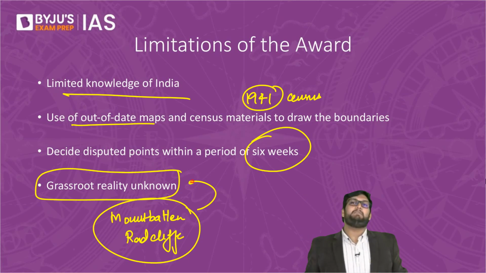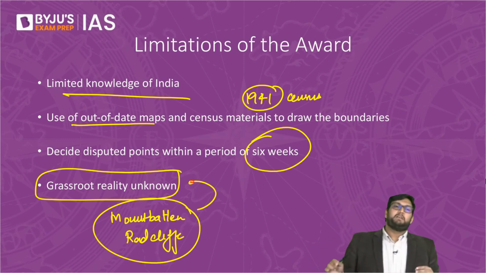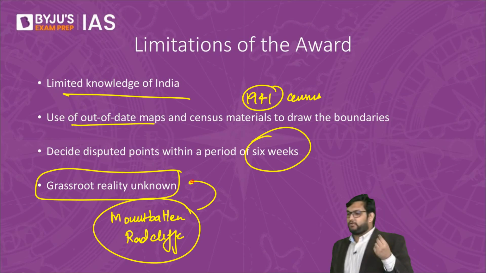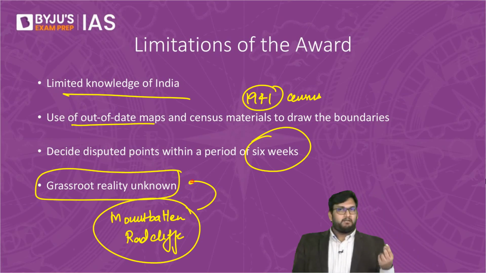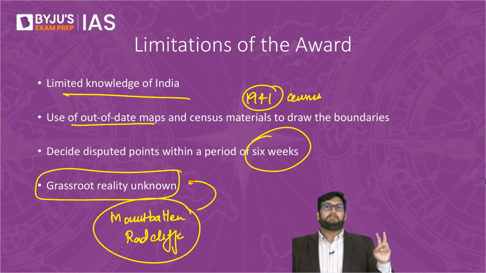They just randomly chose to do what they wanted to do. The simple point is that Radcliffe, Mountbatten, the British created a mess, and the single-handed reason for this was Linlithgow, Jinnah. That's it.